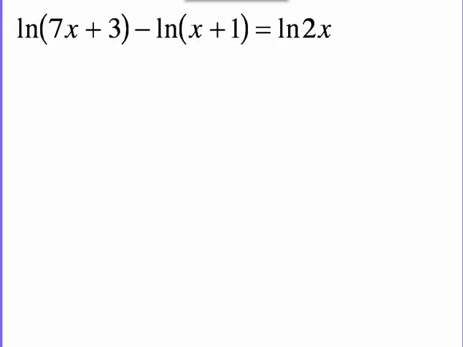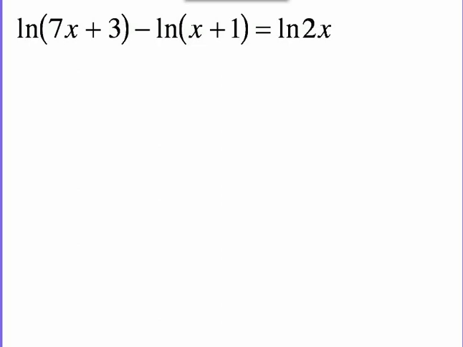And I think we have one more problem we're going to look at, and that's this one. Okay, there is one difference versus the other problem. This is the negative. And so in order to combine the natural logs on the left side, instead of multiplying, you are now going to divide.